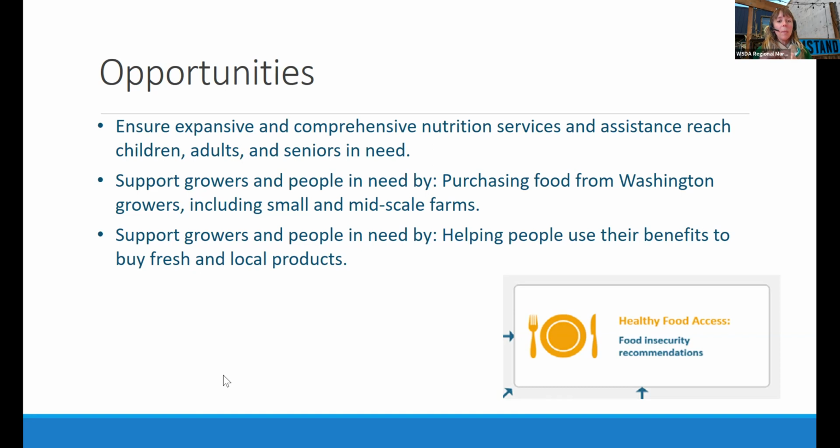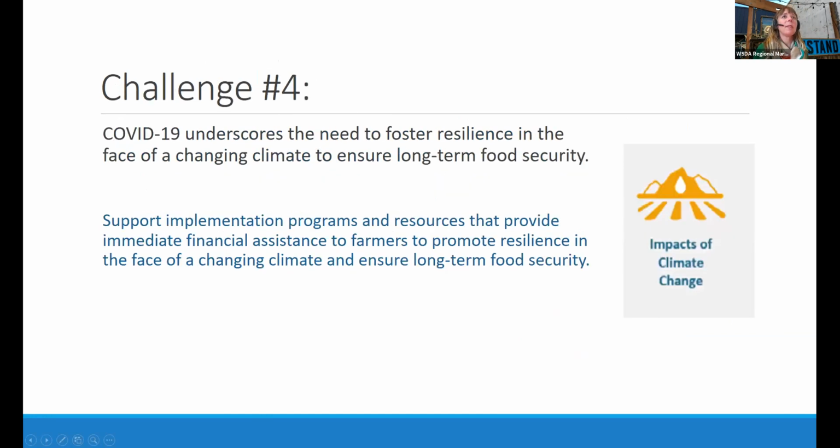How do we build in those positive reinforcement loops if we're needing to do a lot of government purchasing of food to make sure people don't go hungry? Can we also use that as an opportunity to support our farmers in ways that build in resiliency and flexibility? So there are opportunities there that the Food Policy Forum looked at.